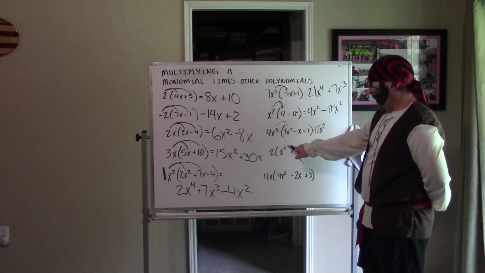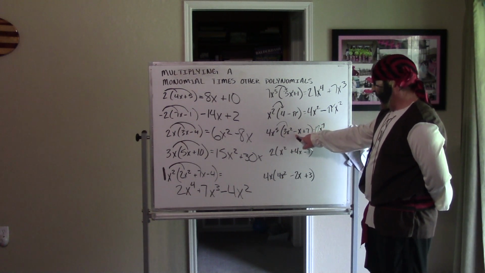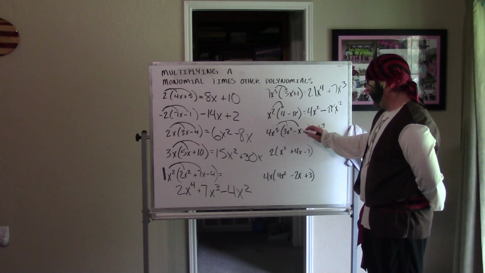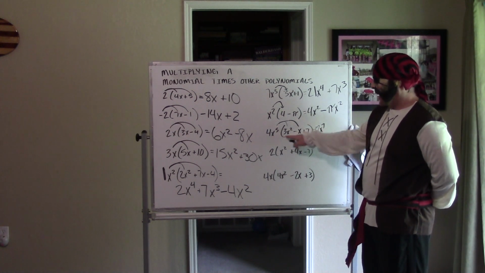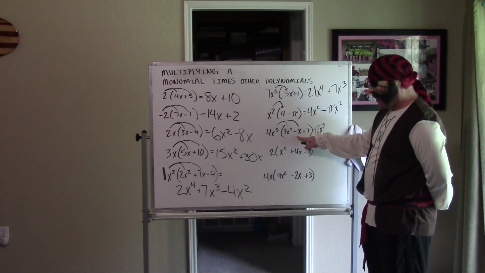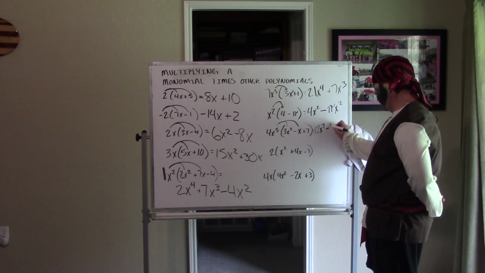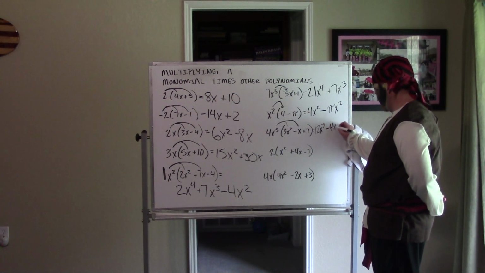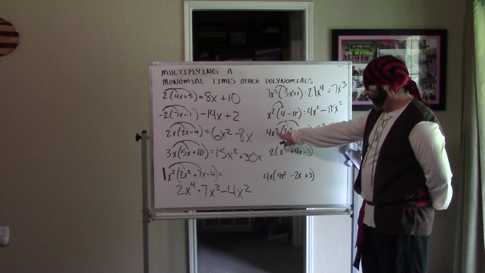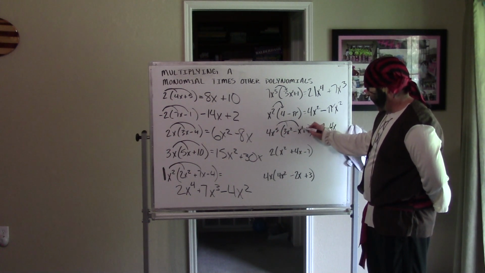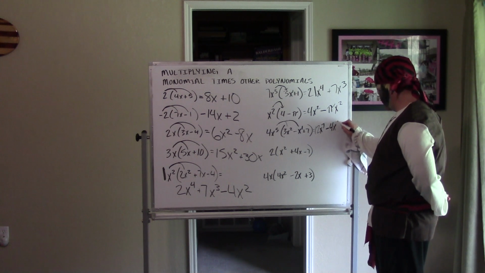Then we have 4x to the 5th times a negative x. Remember, this is still multiplication here. So 4x to the 5th times negative x means I'm going to have negative 4x, and my rule is 5 plus that 1 makes it x to the 6th.